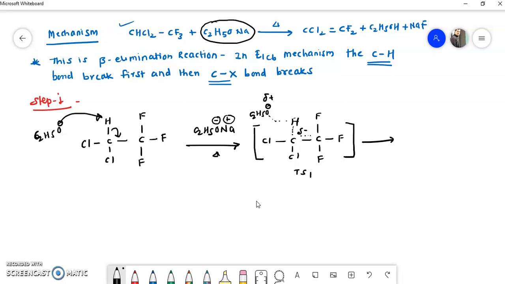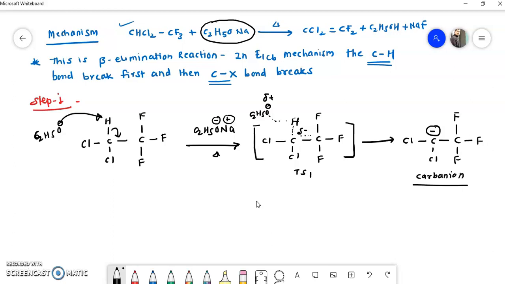And finally what happened, we get this carbanion, Cl C Cl. Here is a single bond C-F, and here there is a negative charge, so this bond is going to shift here. So this is the carbanion.